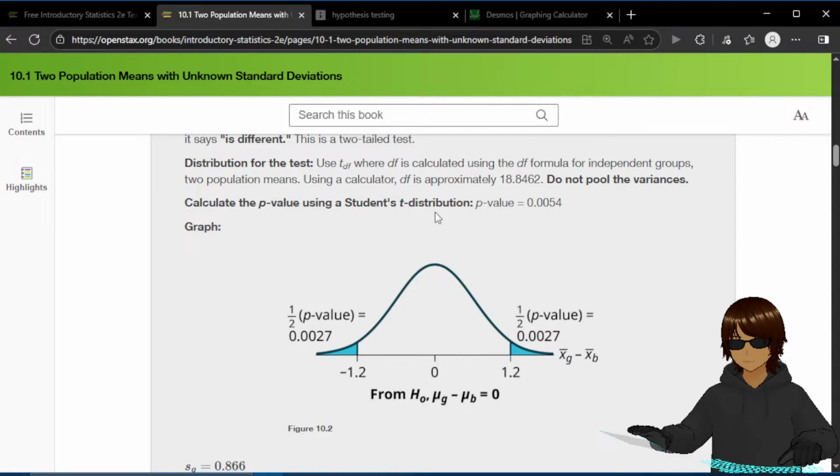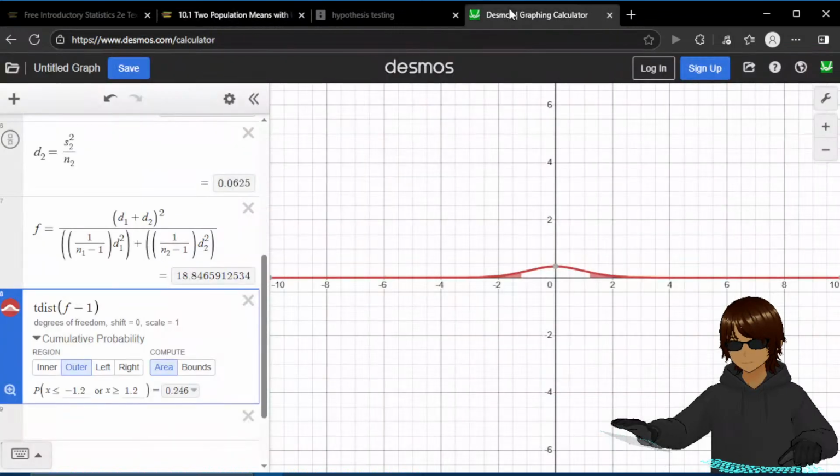Calculate p-value using students t distribution. It says here 0.246.